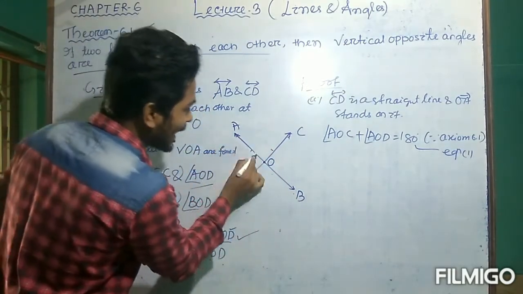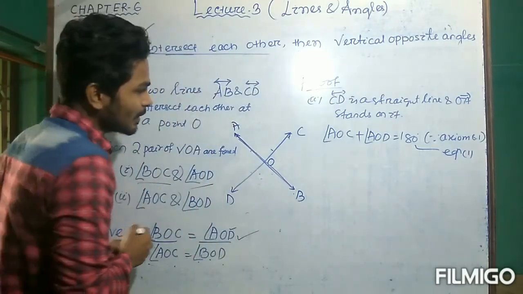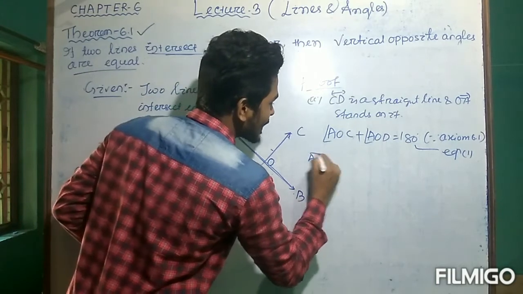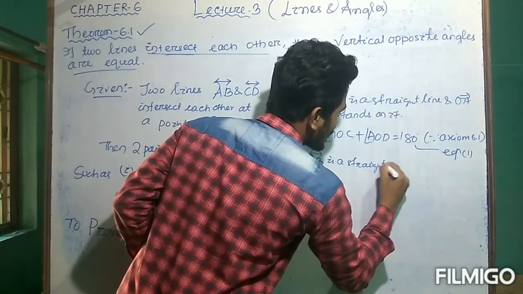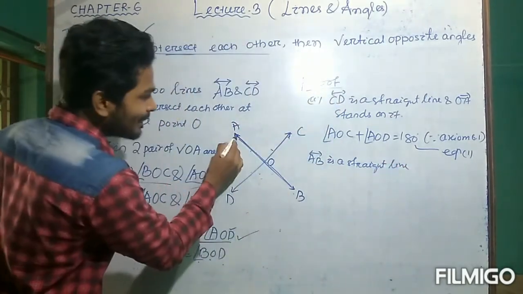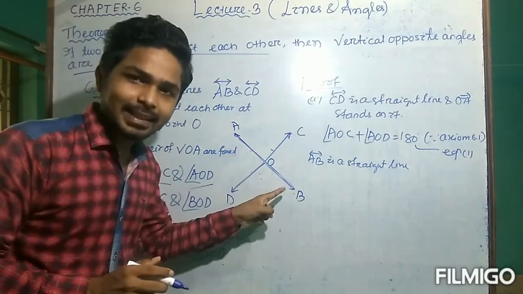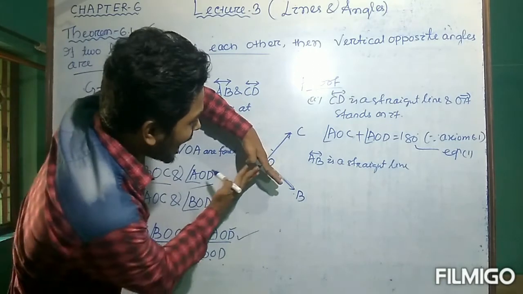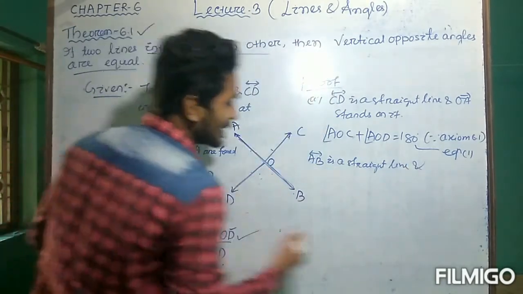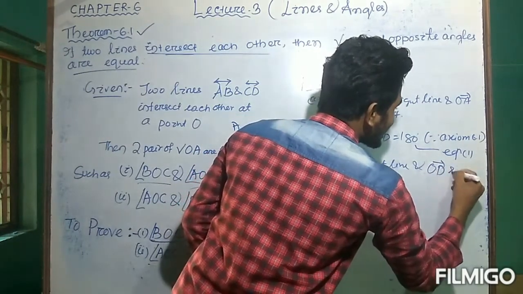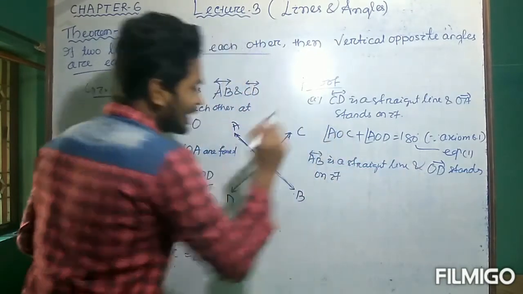Next, suppose AB is also a straight line or not? Yes, AB is also a straight line. Okay, so write it. AB is a straight line, and on this straight line OD is a ray which stands on it.